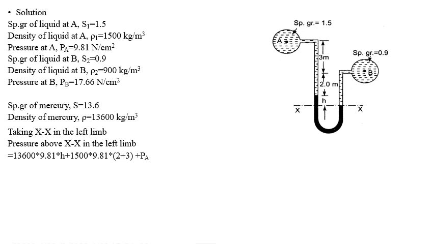According to the hydrostatic law, we know that the pressure P is equal to ρ G H or Z. So now, taking the XX line as reference, for the height of H there is mercury available.